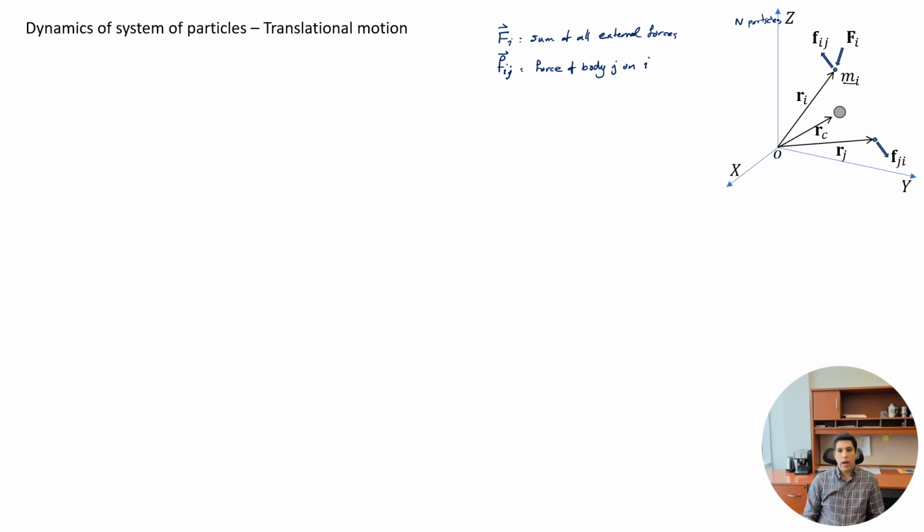So we are looking at an inertial frame with a fixed base point O. So O, X, Y, Z is an inertial frame. And the last bit is that Rc is the location of the center of mass.